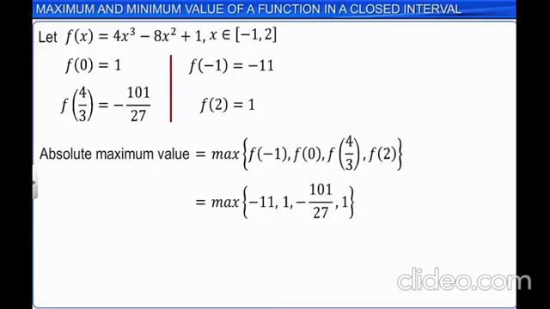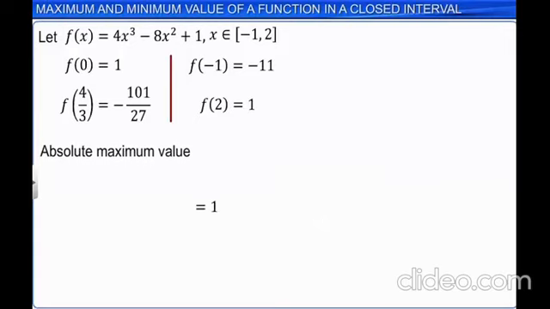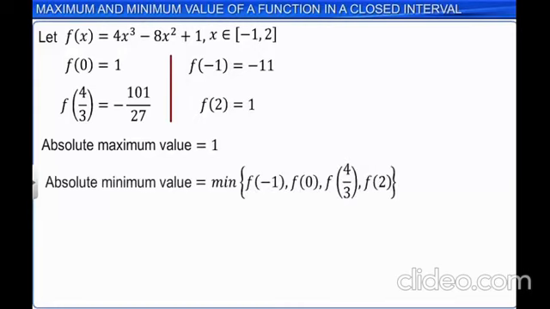Also, the absolute minimum value is the minimum of all the values of the function at these critical points as well as at the end points. Thus, the absolute minimum value is -11, which occurs at x = -1. Hence, the absolute maximum and minimum values of the given function on the given interval are 1 and -11 respectively.